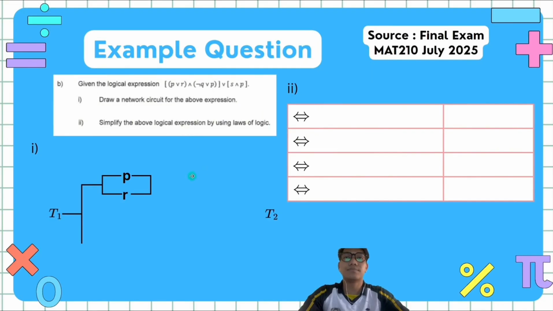AND operator is represented using a series circuit. And in the next bracket, we can see that it is not Q or P, which is represented using a parallel circuit. And after that, in the next bracket, we can see that it is S and P, which is an AND operator that is represented using a series circuit.